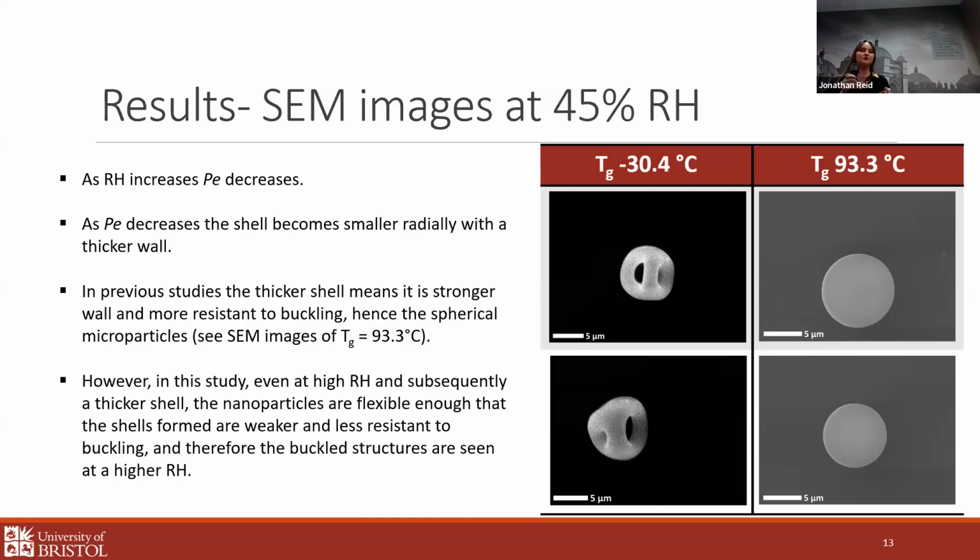So when they merge to form the initial shell as they dry, even though it's quite a small shell that has quite a thick radius, actually the shell itself is quite soft. So it's mechanically softer than the high TG shells, so it's less resistant to the buckling, and therefore you get this buckling even at the high RHs, which has not before been seen.